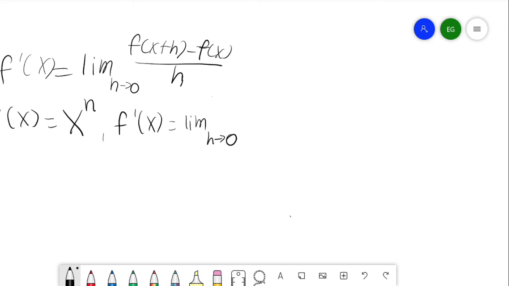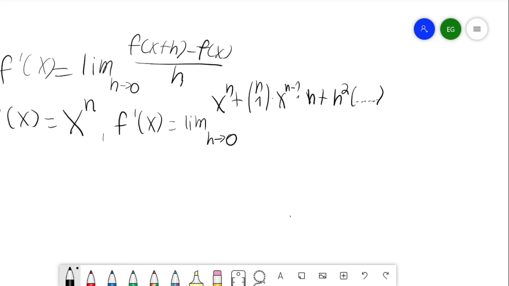And the expansion will be x to the n plus, it should be n choose 1 times x to the n minus 1 times h, and so on and so forth. And the rest of the terms are divisible by h squared. So something times h squared. And keep that in mind, that's important.